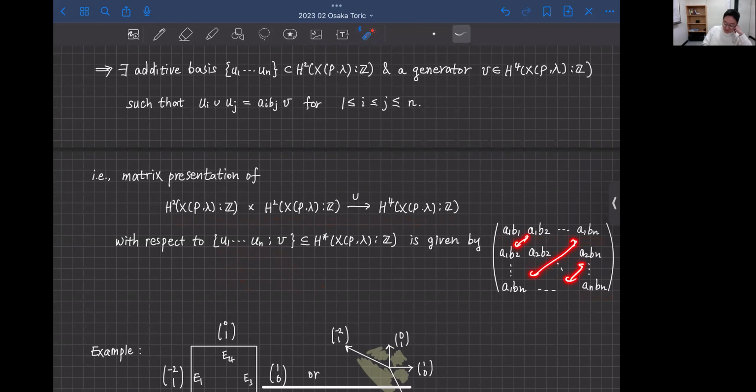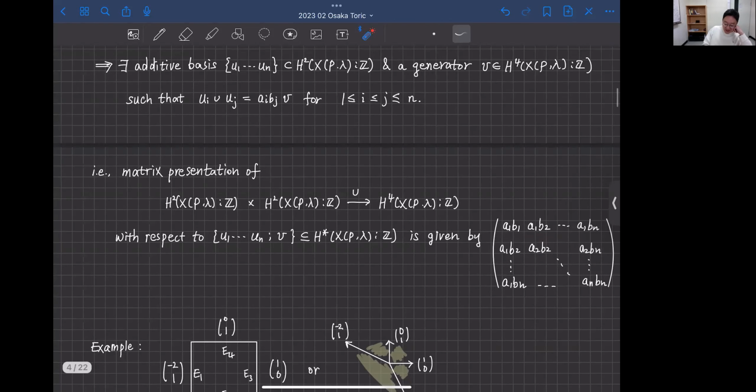Okay, this is our theory. It's kind of simple, and to us, this is a really beautiful formula, I think.